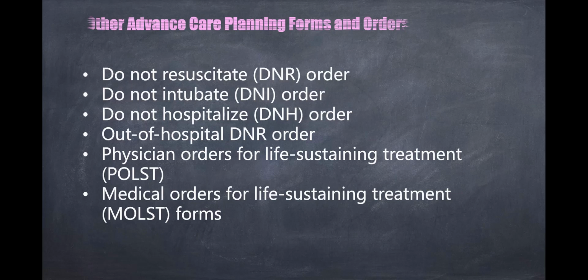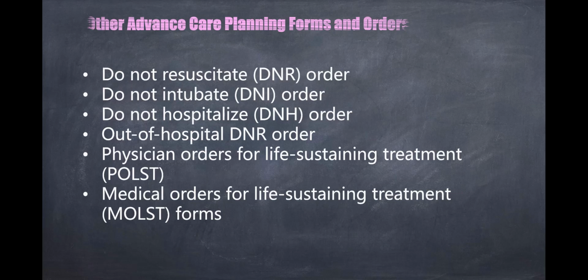Do not intubate means they don't want to be invasively intubated, but they can still use a non-invasive form of respiratory assistance like the BiPAP. Do not hospitalize means some patients don't want to be admitted to the hospital, but they can still be sent to the hospital for emergency treatment. They stay in the emergency room only.